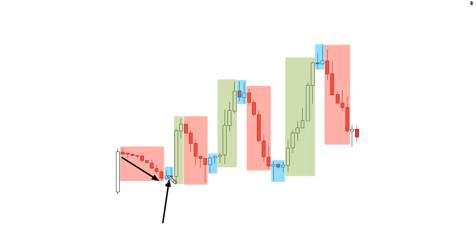This is where we start to get a transition from that trend controlled by sellers to a trend controlled by buyers. Now, this is the key. This is where you want to enter the market when you start seeing transitions.